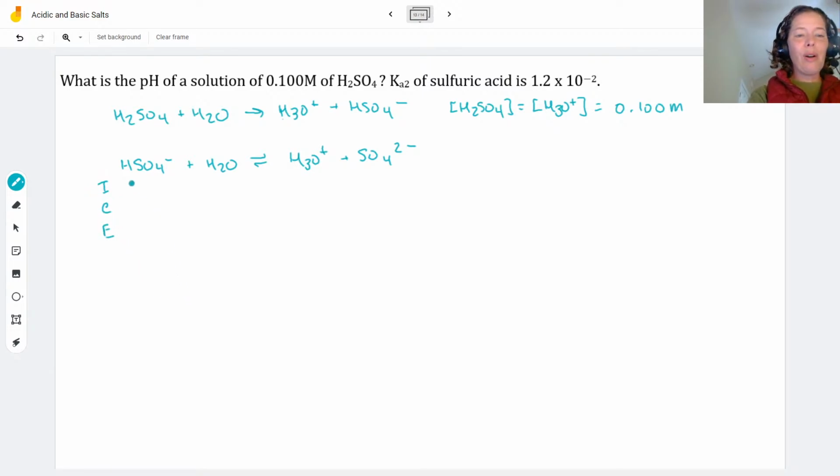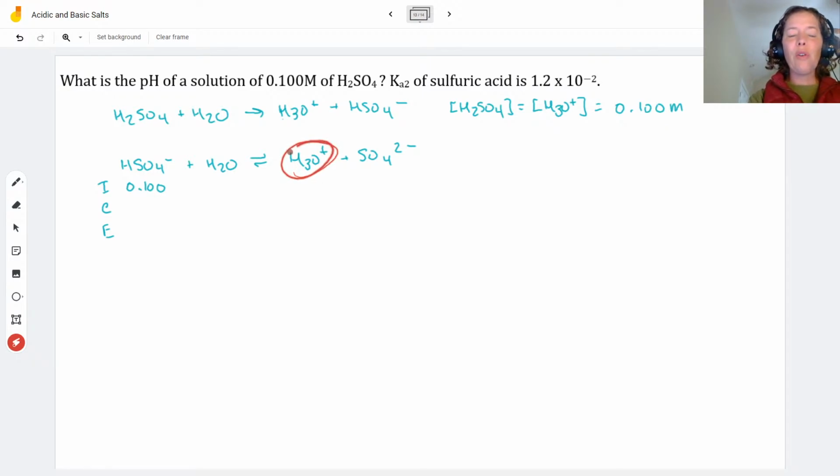All right, so our initial concentration here is 0.100 molar. Again, we don't mess with water. But we've got a little bit of a difference here because we do have hydronium in solution already, right, from our first step. So you can also think of this as a common ion problem as well.